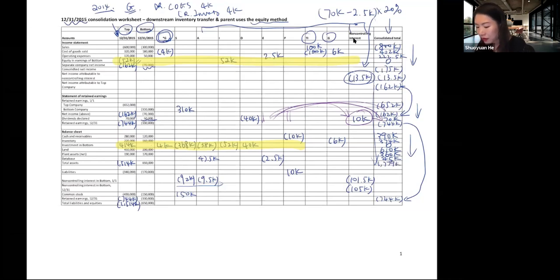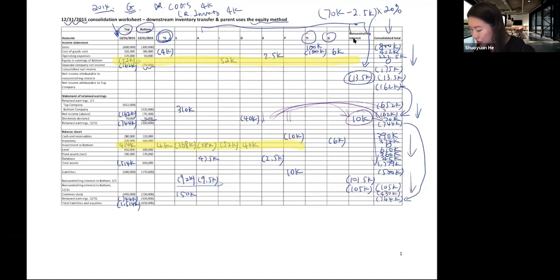The liability is going to add up to 500,000. Non-controlling interest ending balance is 105,000. And common stock is 430,000.